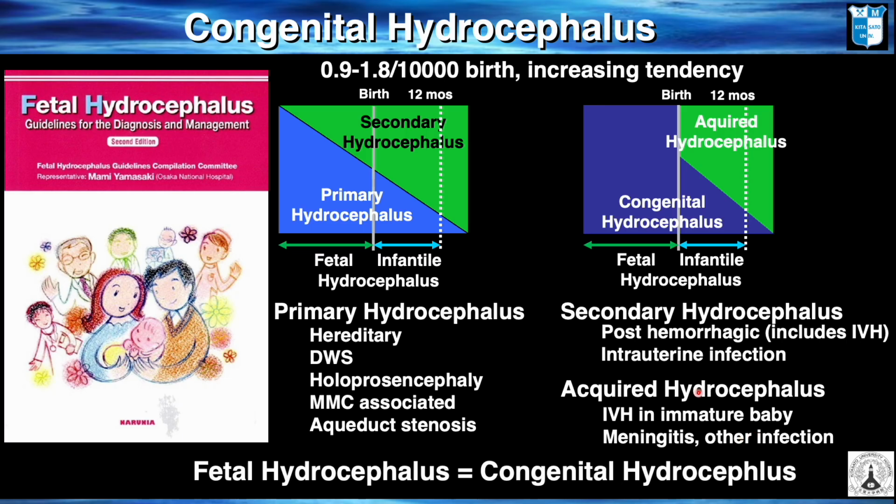So people often think fetal hydrocephalus is equal to congenital hydrocephalus. But if you look at this, you understand this is wrong. Fetal hydrocephalus and congenital hydrocephalus do not mean the same entity of hydrocephalus.